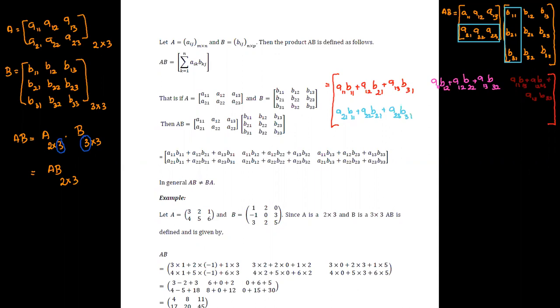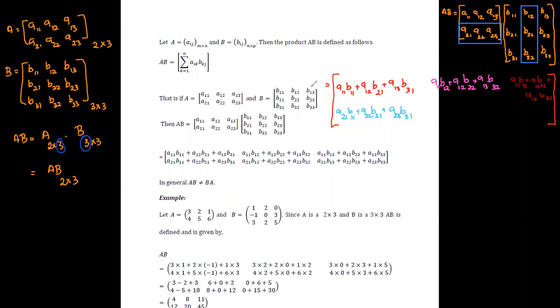Now we have finished the calculation using the first column. Then we have to move to the second column. If we are moving to the second column, still we are in the second row, multiplied with the second column.